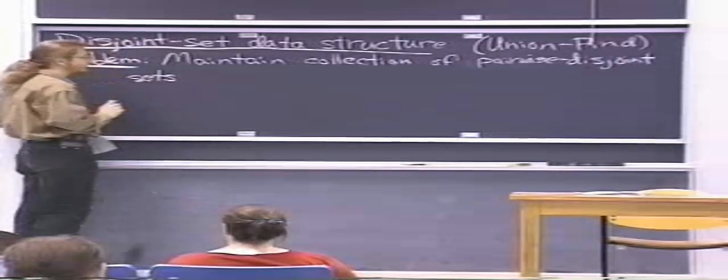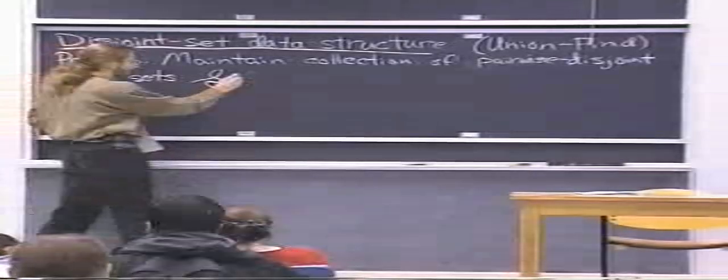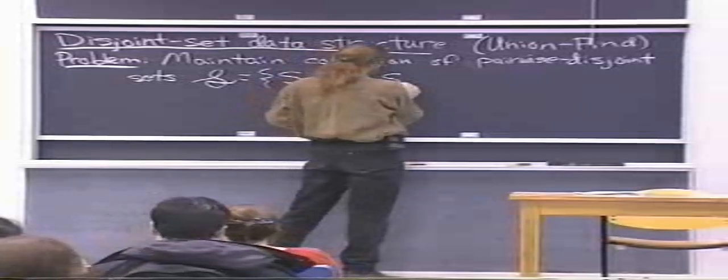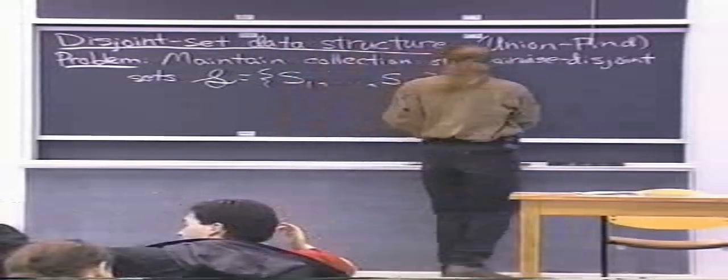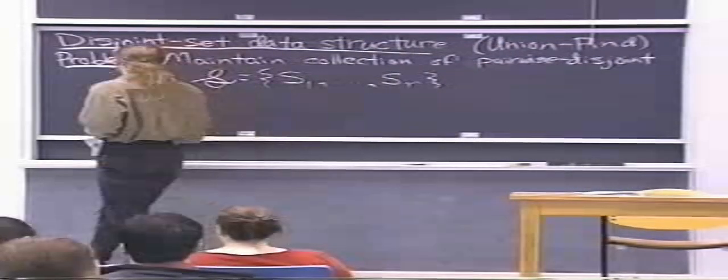So I'll call the collection of sets script S. This is the way I draw script S. And each of the sets capital S. Okay, so let's say we have, I don't know, R of them. Okay, and we want to maintain them subject to some operations, union and find.